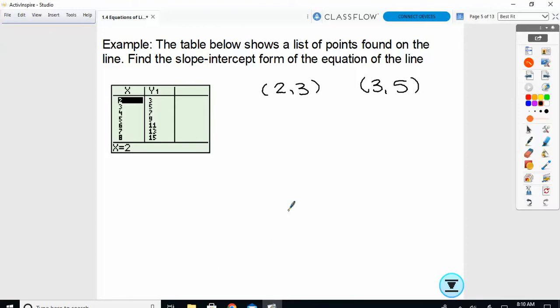So first step is finding the slope. So 5 minus 3 over 3 minus 2. So I get 2 over 1, which is 2.